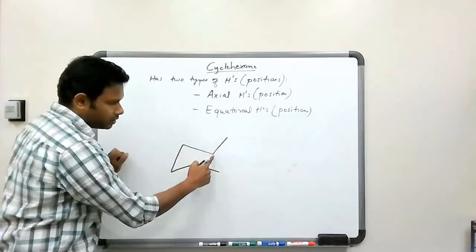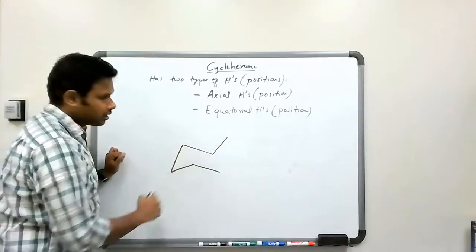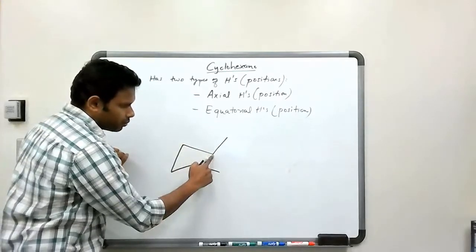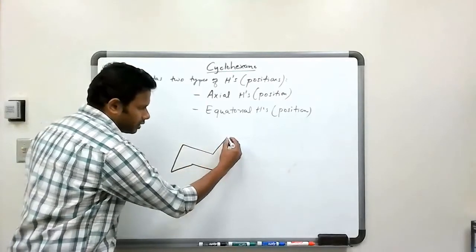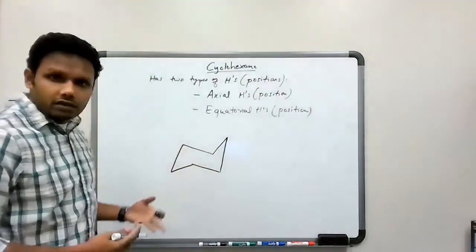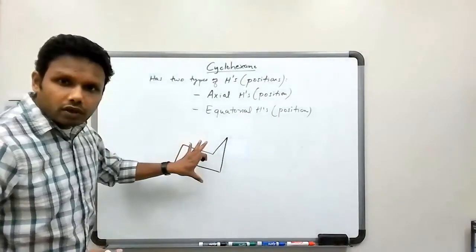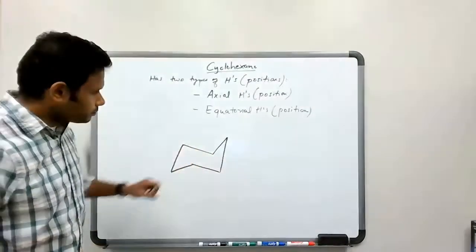So if it is pointing down, go up. If it was pointing up, then go down and then come meet the other line. Since it was pointing down here, I went up, and then I come down and join the other line. And what I've drawn here is a decent cyclohexane. That's good enough. So that's one conformation of cyclohexane.